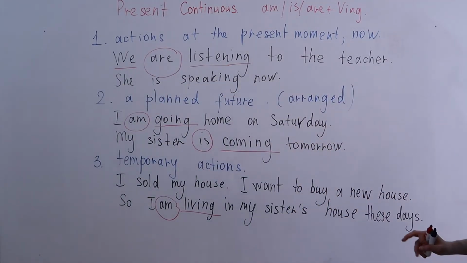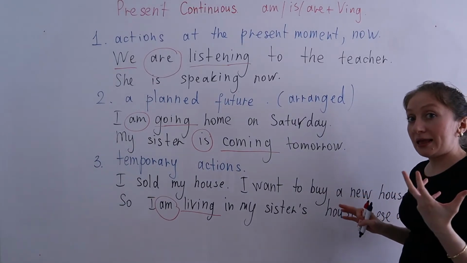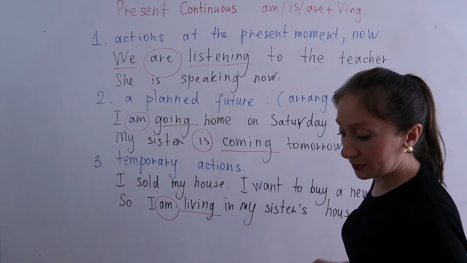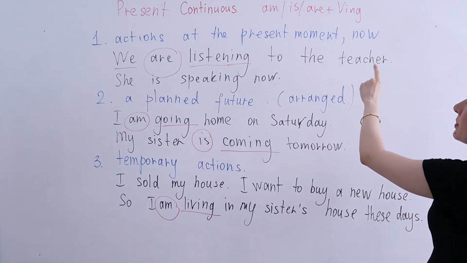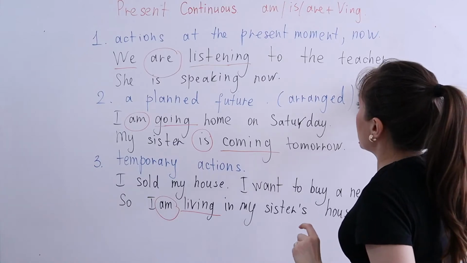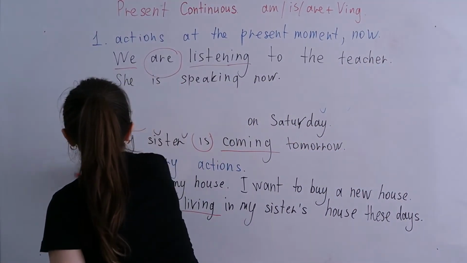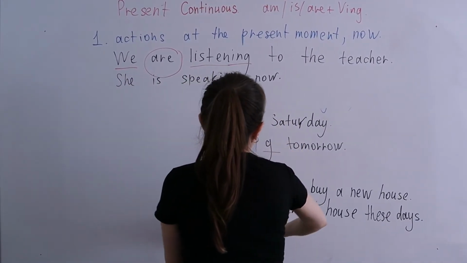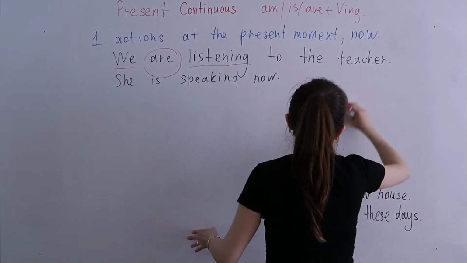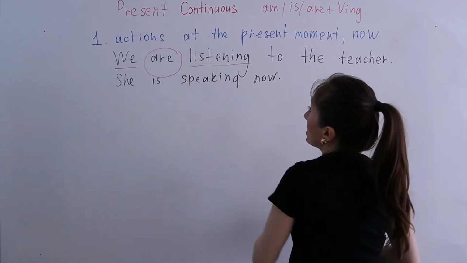I will try to explain to you very quickly the questions and negative forms. All right? So let me leave these first sentences for you. All right? And I will clean the rest. So this is a positive sentence.